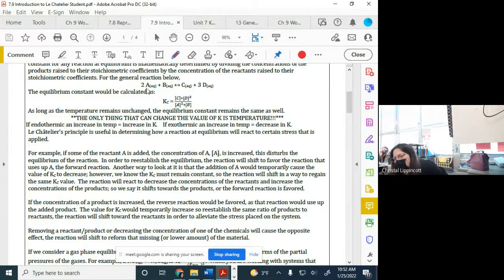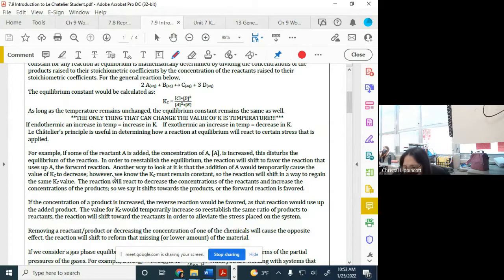Because you're adding more of this stuff in, it's going to shift in that direction to use up some of that reactant to get it back into equilibrium. Does that make sense? If we pulled some of A away, then it would have to shift the other direction and make more A. So if we pulled that A out, it's going to shift the other direction to make more of it.